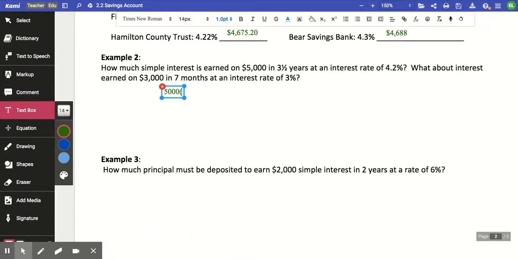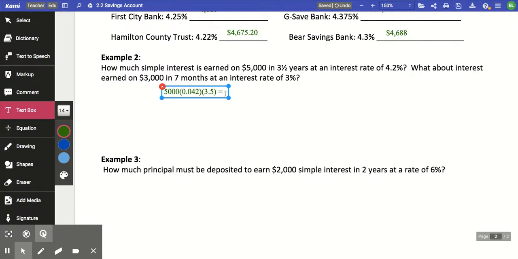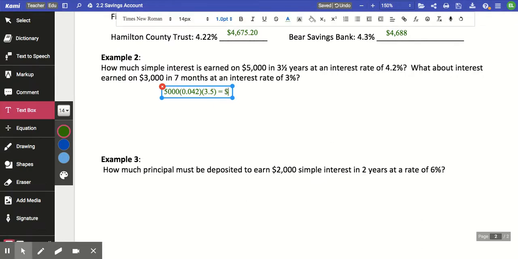Our interest rate is 4.2%. And our amount of time is 3.5 years, so 3.5. So that is a total amount of $735 in simple interest.